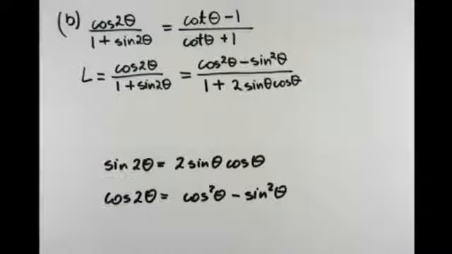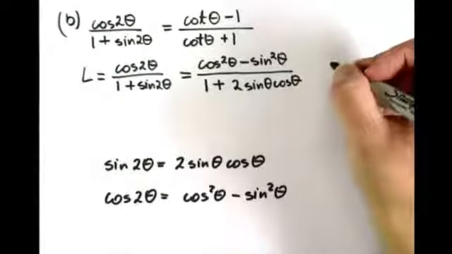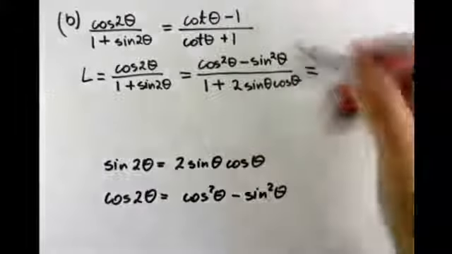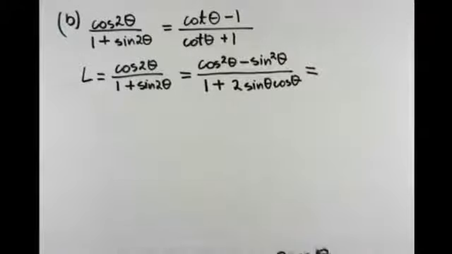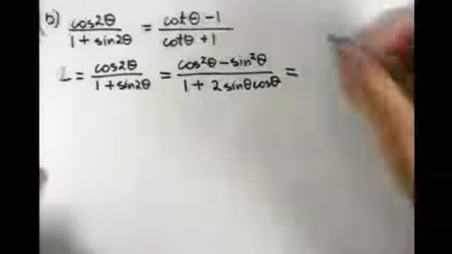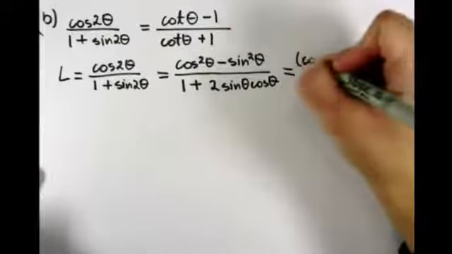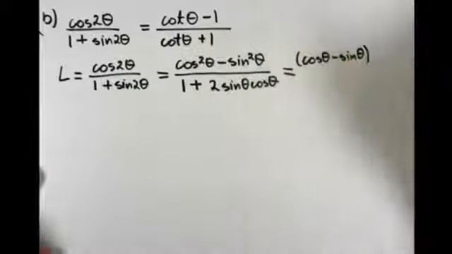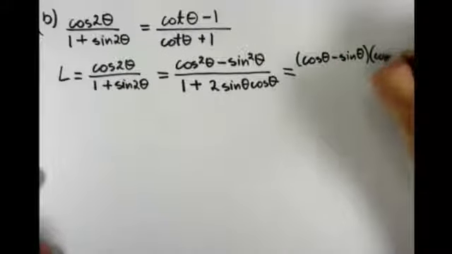And now first, on the top I have a square minus b square. A square minus b square is a minus b, a plus b. So we can write that this one is cos theta minus sine theta times cos theta plus sine theta.